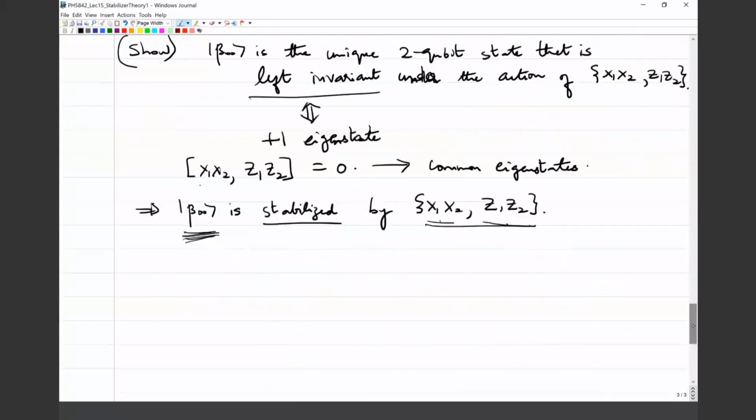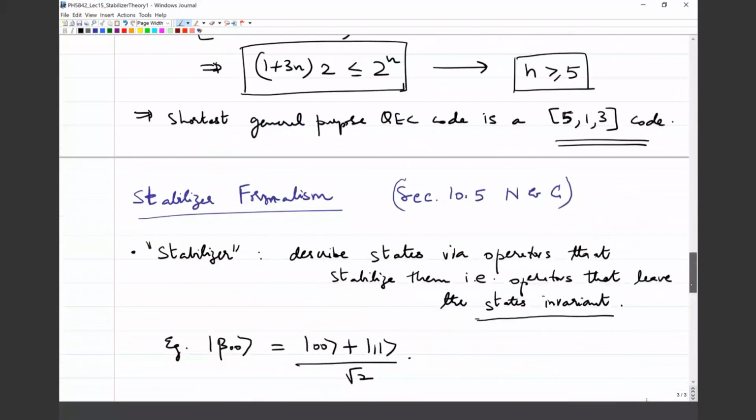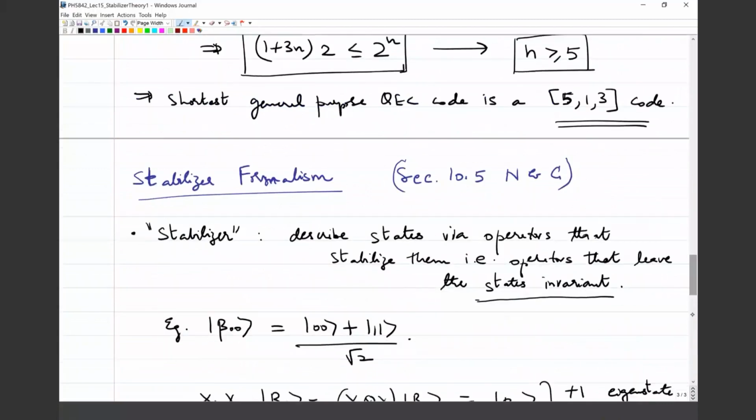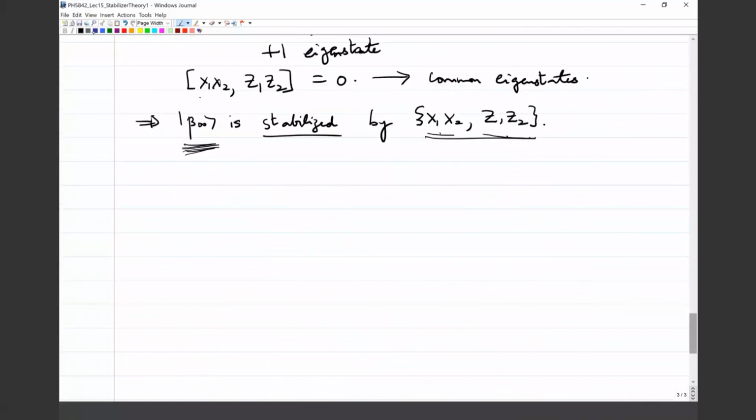Okay, so now, like I said, instead of talking about the code words associated with a state, I want to talk about a set of operators that will leave the code words invariant. So we did this exercise for a single state. Let us now do this exercise for the 3-qubit repetition code. So I will introduce the stabilizer formalism again via an example, namely the 3-qubit bit flip code.